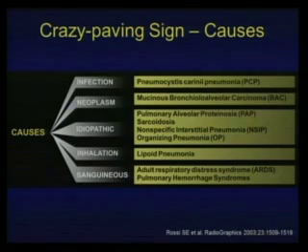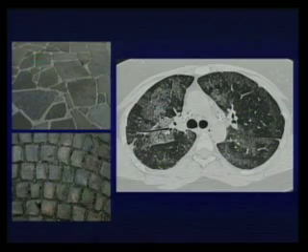Infectious processes like Pneumocystis jirovecii pneumonia, you can see it also in bacterial pneumonia, mycoplasma pneumonia, in cases of neoplasm like mucinous adenocarcinoma, in cases of sarcoidosis, organizing pneumonia, NSIP, or when there is inhalation like lipoid pneumonia, or when there is blood within the alveolar space.